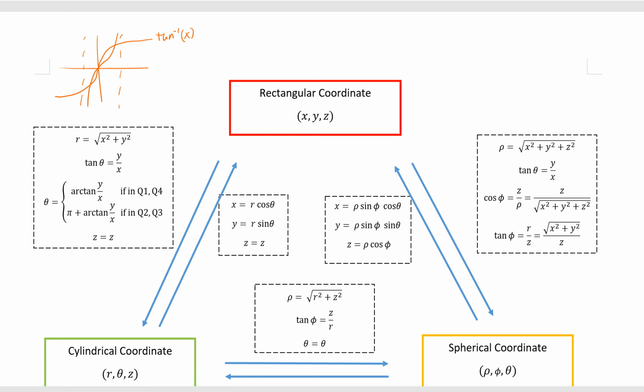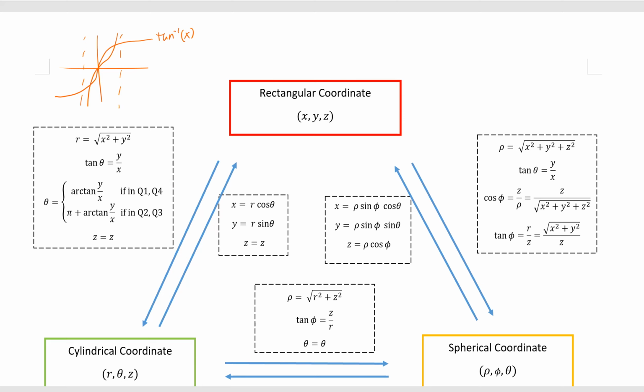Okay, so the arctangent range is only from minus pi over 2 to pi over 2, not including the endpoints. Which means it only covers the first and fourth quadrants. So if the point is in the first or fourth quadrant when we project to the xy plane, then theta is arctangent of y over x.